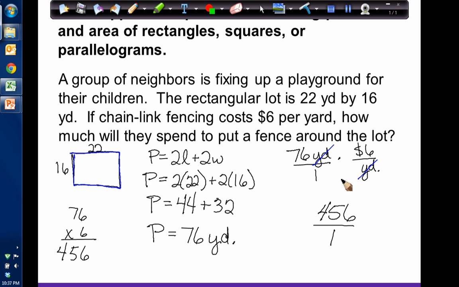The yards canceled out, so all we have is dollars in the numerator for our units. So we have $456 over 1, and anything over 1 is just that number. And so we just have $456. And notice the dollar sign is in front of the number, which is weird for units, but that's how it's done.